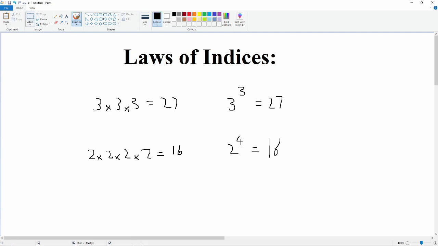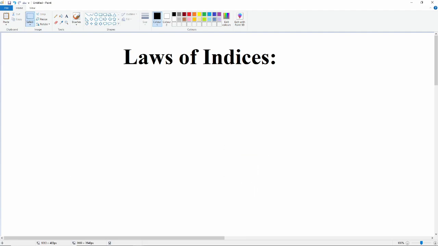Now let's say we want to go backwards. Well, just like division was the opposite, we have two different functions that can take us backwards. So let's say we have 3 squared is equal to 9. Now let's say we know about the 2 and we want to find the 3.